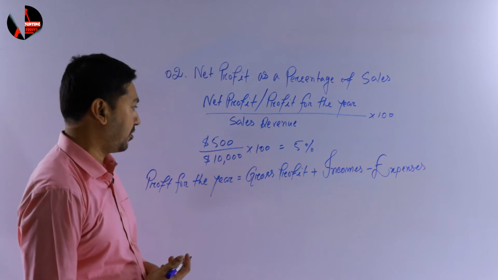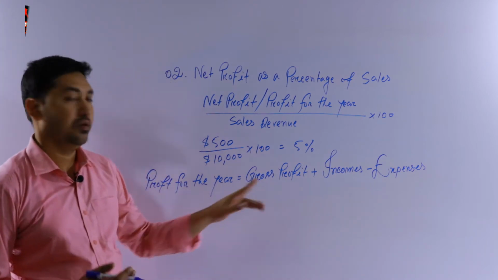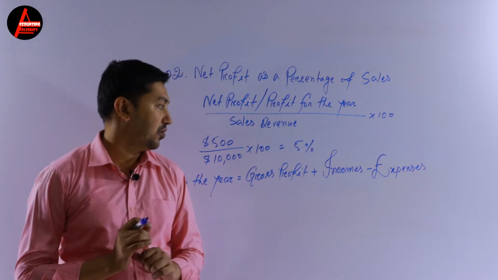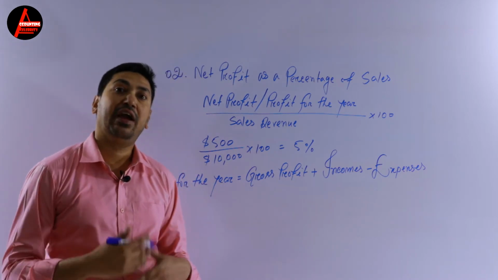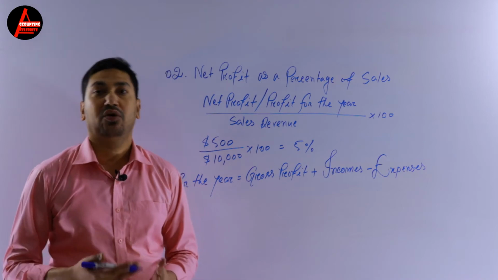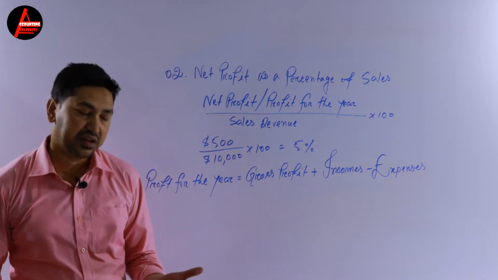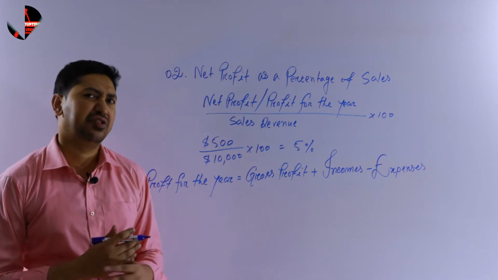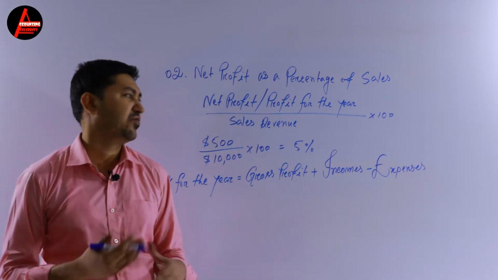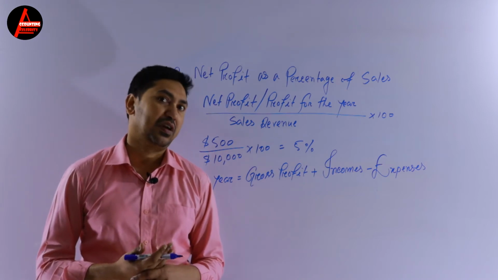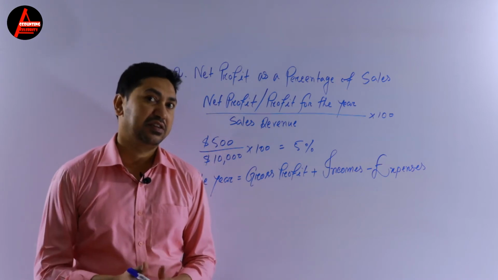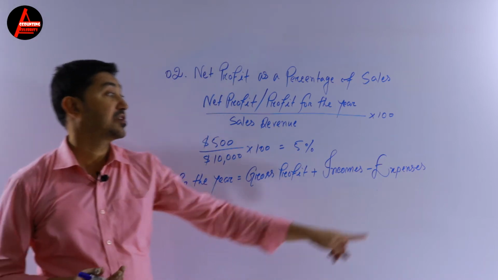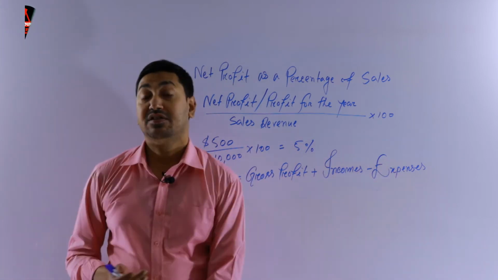Your gross profit you already have. So with the gross profit you need to add the incomes. So what are the incomes? Like interest received, discount received, commission received, rent received. These are basically your incomes. So you add these incomes to your gross profit. Then you subtract your expenses of the business.